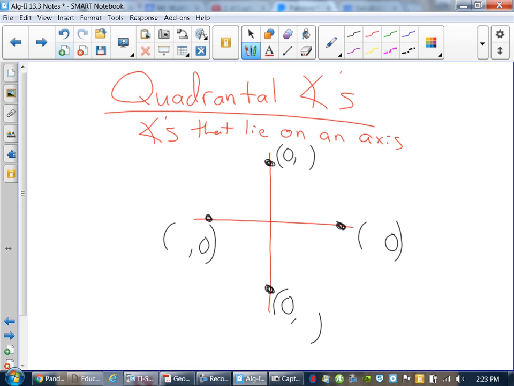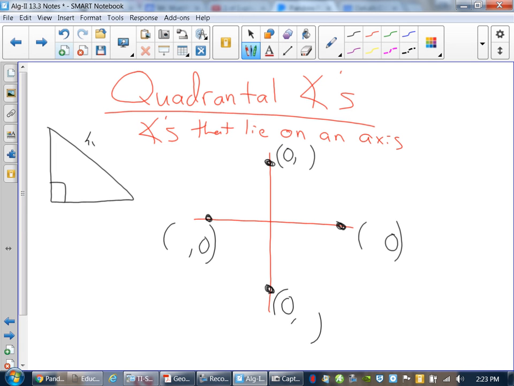Now, remember last year in geometry how we never worried about finding any of the trig functions of 90 degrees? Well, let me show you why. Sine of 45 is always the same, and we'll get to that because your opposite and adjacent are the same values. If I'm at 90 degrees, what's my opposite?